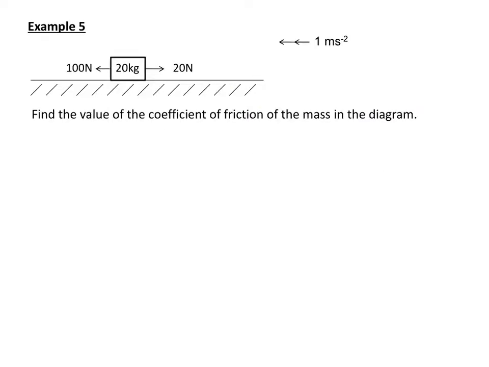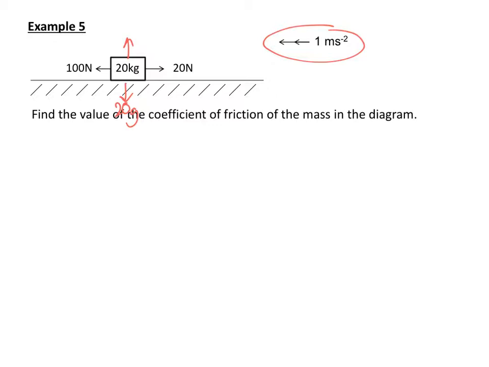Finally, for the moment, in this example here, you can see we find the value of the coefficient of friction. So we're talking about a rough plane. But here also you'll see we have an acceleration. This body is moving to the left. And so all I'm going to do is add on to this diagram. This is 20g, the weight.